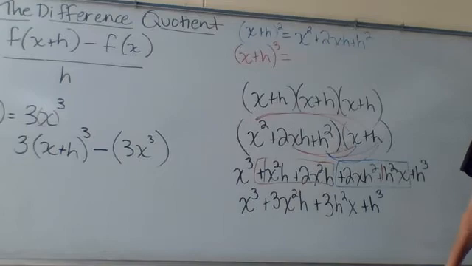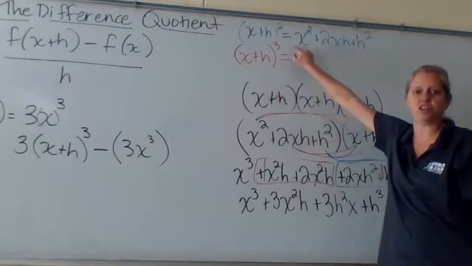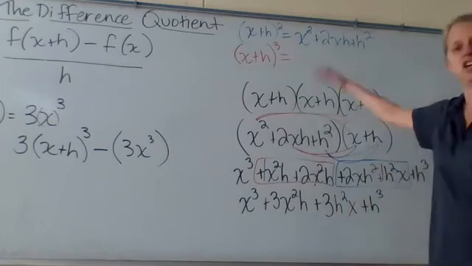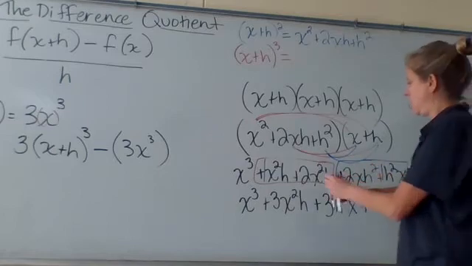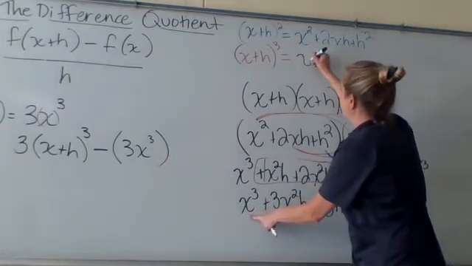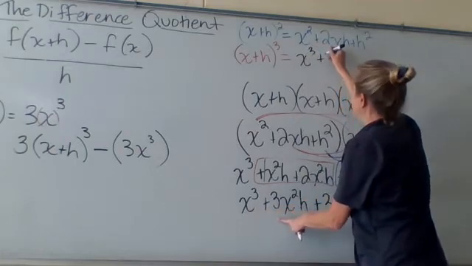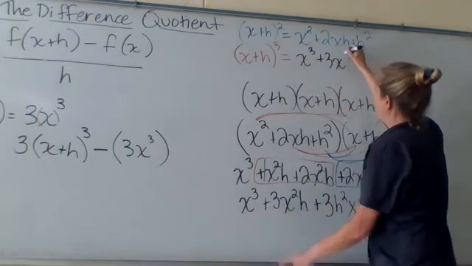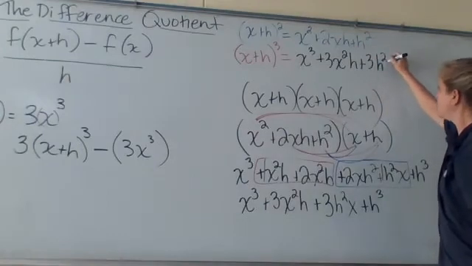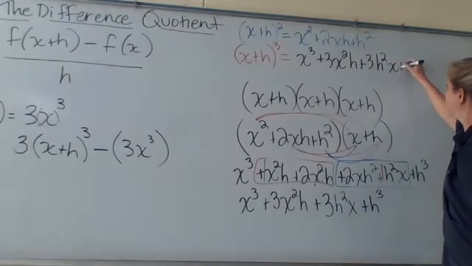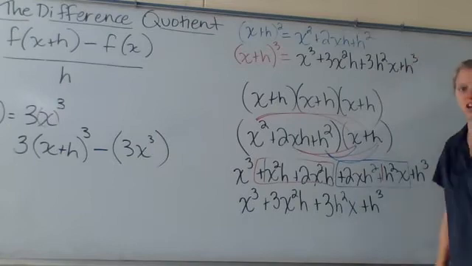So, anytime you have x plus h to the third power, so you don't have to do all that again, save this. X plus h to the third is x to the third plus 3x squared h plus 3h squared x plus h to the third.